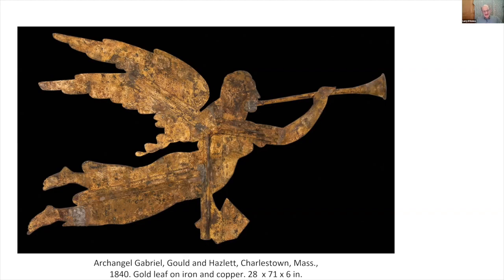But we have this, which is a very, very elegant angel. Many of the weathervanes are gold leafed, so they shine and sparkle in the sunlight. It's something that they did a lot of. They would take them down and regild them and all that.